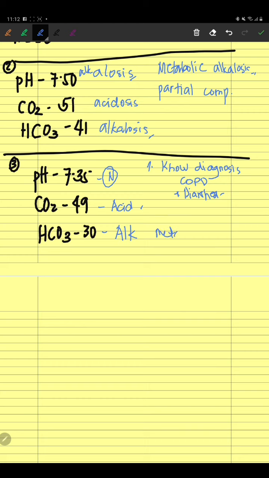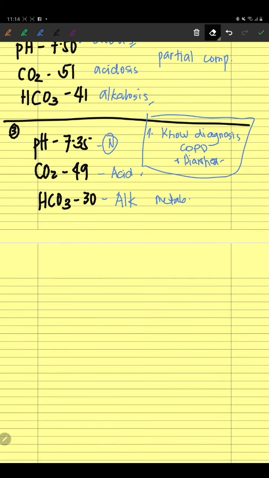So, in this case, that is already metabolic acidosis, fully compensated, because your body increased its level of carbon dioxide, kaya naging acidic yan, nag-normalize na yung pH natin. That is the first way of knowing.